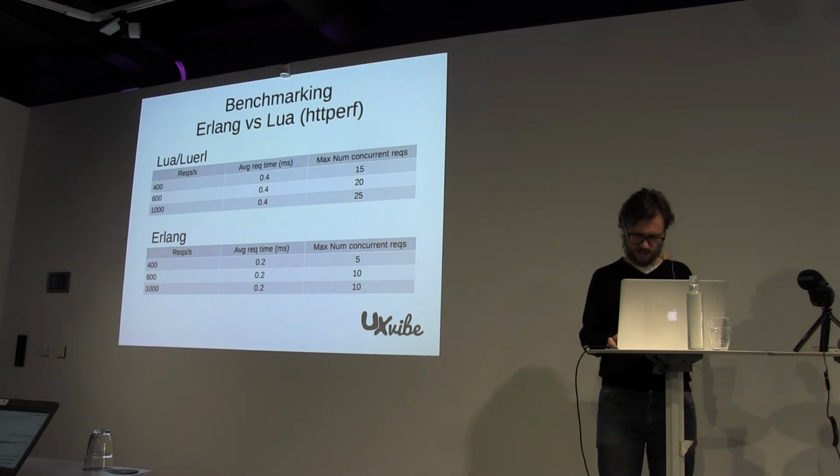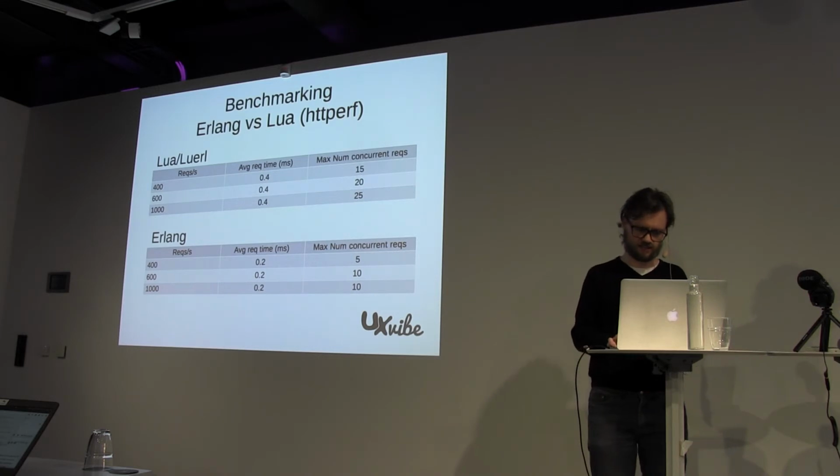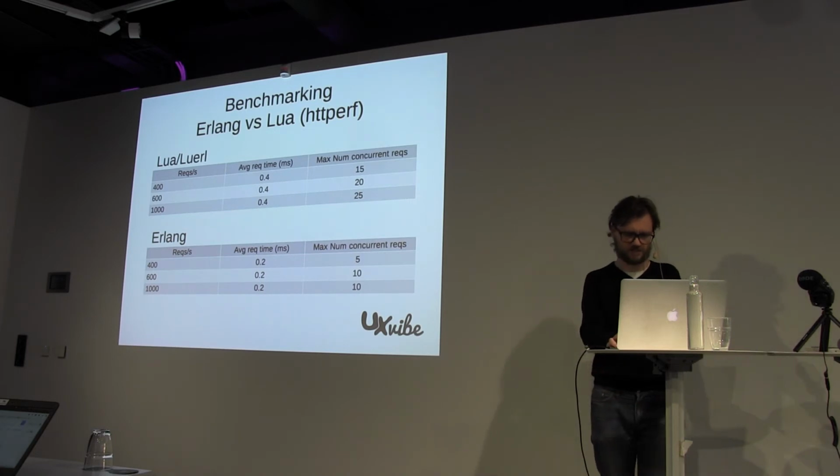But you can basically see that the Lua implementation seems to be 2 times slower, which is not much. It's a very simple function, though. But of course, the flexibility that you get by just dynamically being able to add new request handlers is worth a lot more than that.